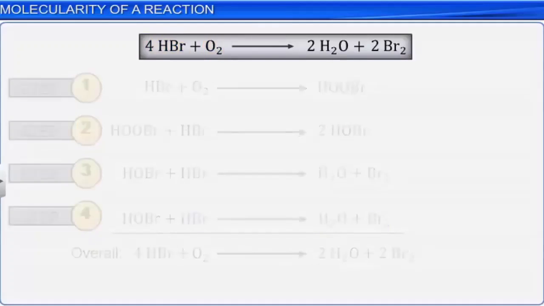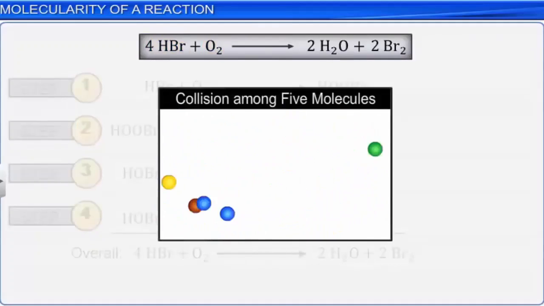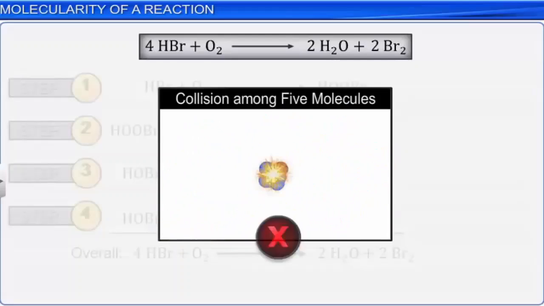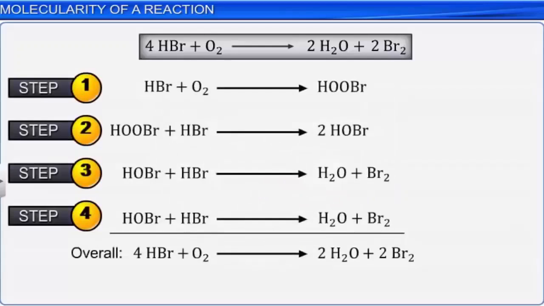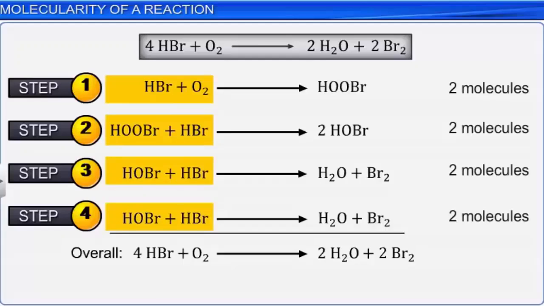These molecules must collide simultaneously to react, but it is highly unlikely that 5 molecules would collide at the same time. Therefore, this reaction takes place in several steps, as shown here. You can clearly see that each step involves two molecules.